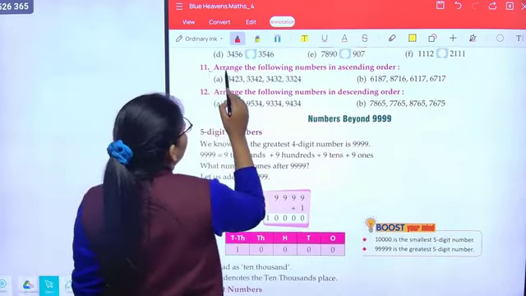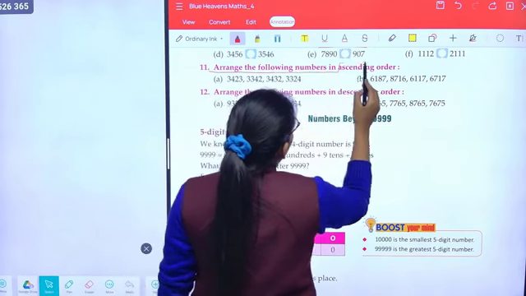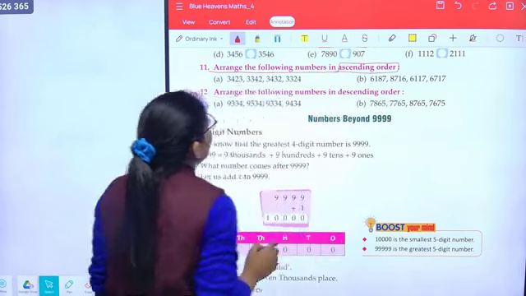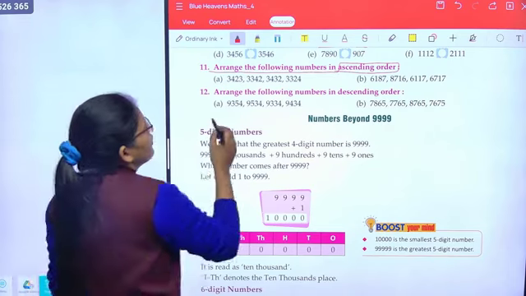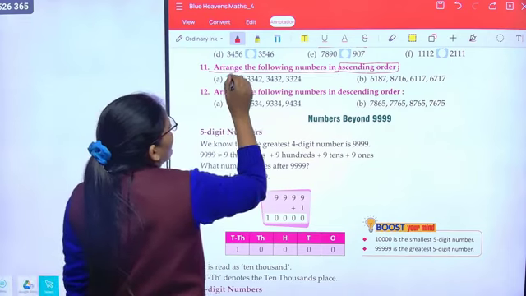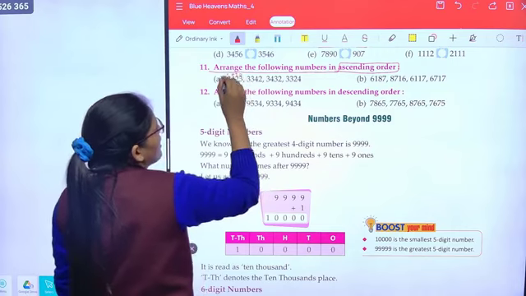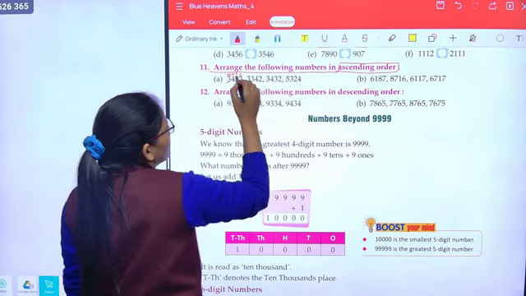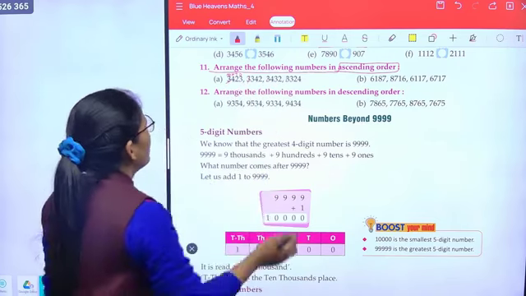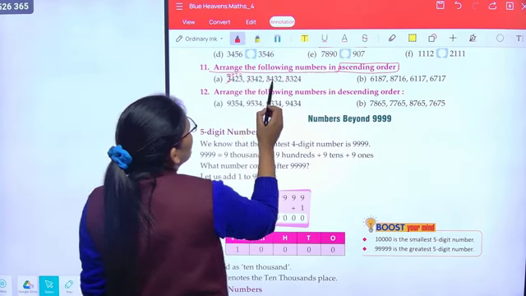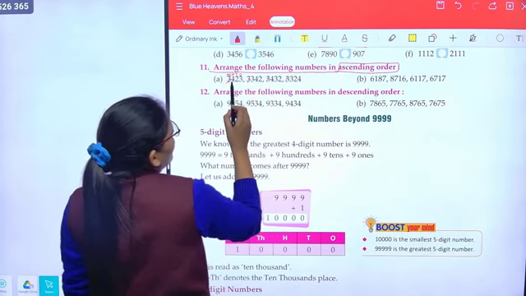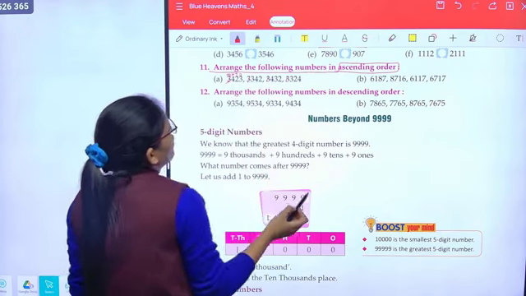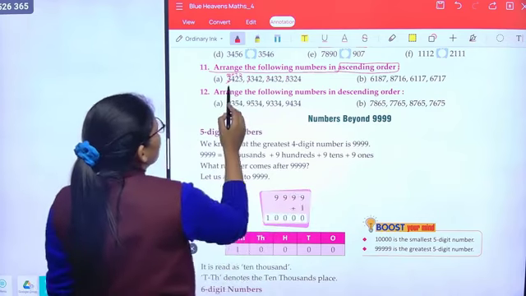Now students, arrange the following in ascending order. So we will see firstly ones, tens, 100, 1000. We will see firstly the 1000 digit. So 3, 3, 3, 3. Now 4, 3, 4, 3. So we will write 3.